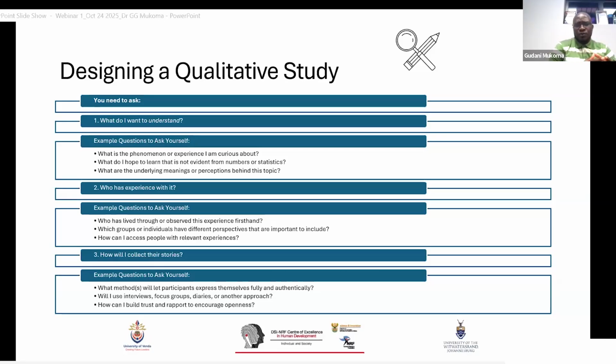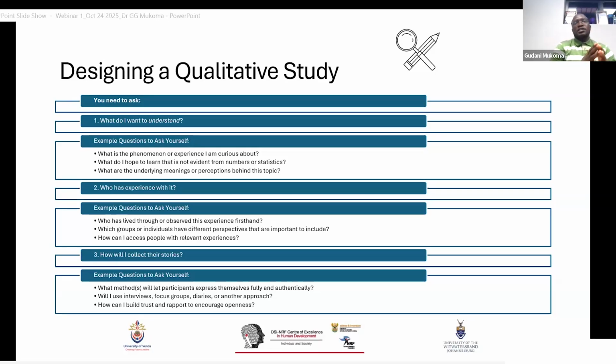So this is very important for you to be able to identify or ask yourself who has the experience with what I'm looking to understand. This is also useful when you're trying to understand how, for example, NHI is going to impact primary healthcare. You will not be asking this from an everyday individual.